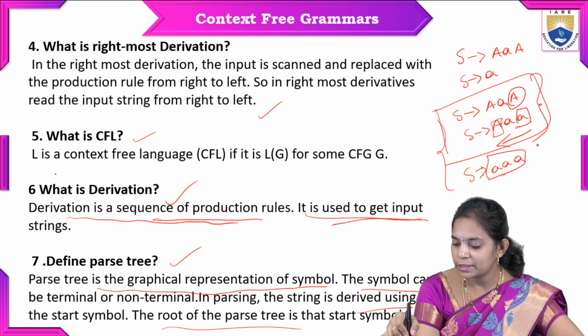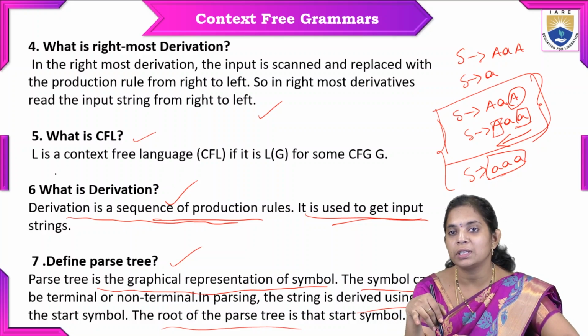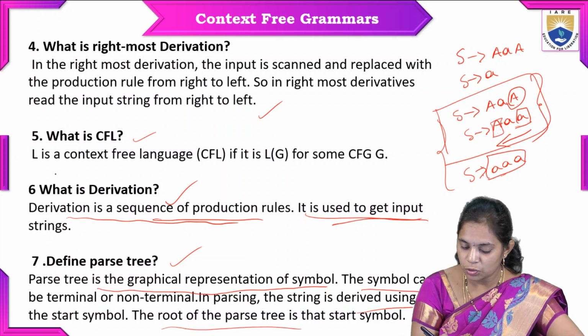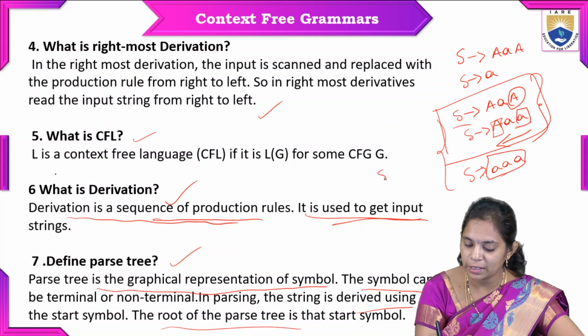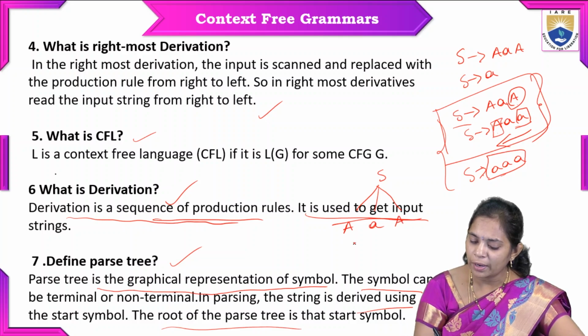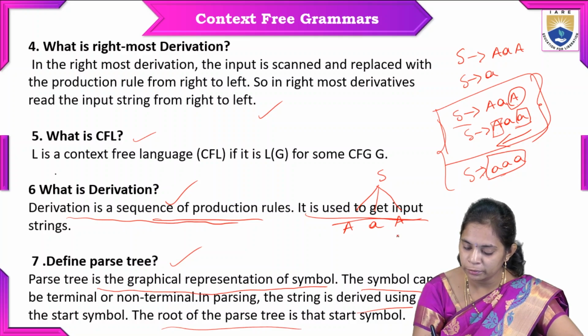So here this is the derivation we will take, and we will represent the graphical representation of this derivation. We start with S, the start state. After that, what is the equation we got? A, capital A, small a. And after this, we'll take the rightmost derivation.